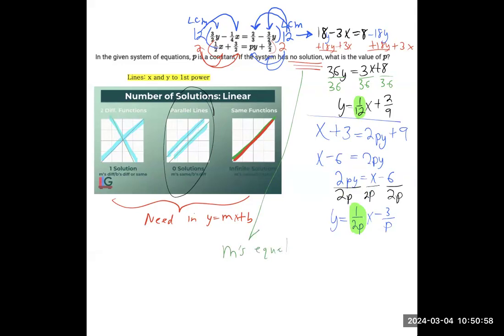And so if we go ahead and set that up, the slopes being equal, we can write 1/12 is equal to 1 over 2p. And now we can just cross multiply this. 12 times 1 equals 1 times 2p. So 12 equals 2p. And then just divide by 2 to get your answer, and p equals 6.